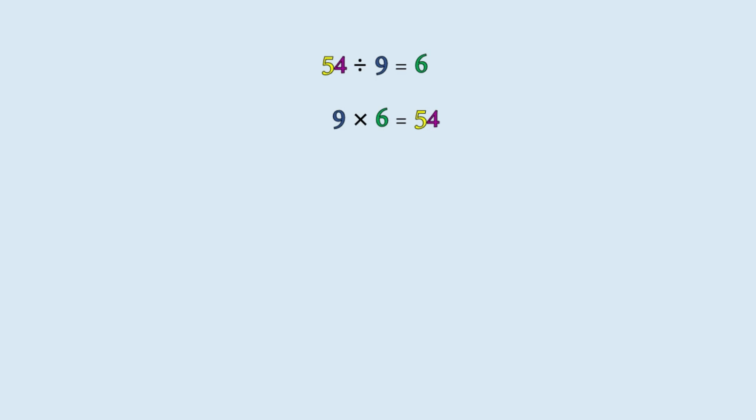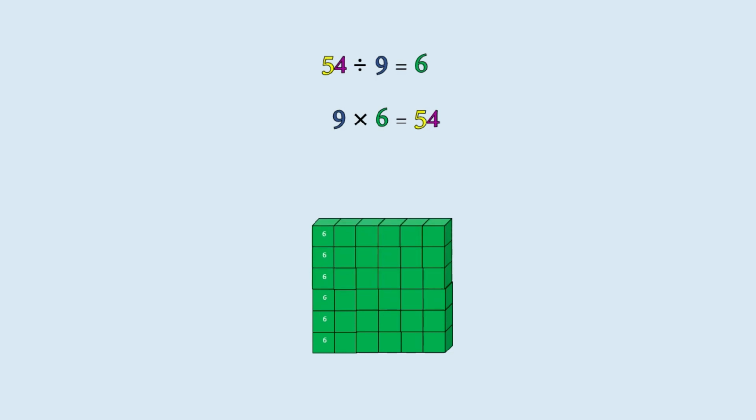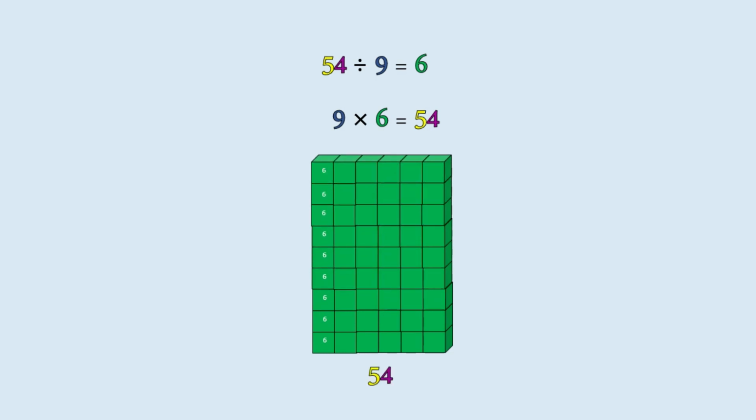To help your child understand why the dividing problem is the same as the multiplying problem, ask your child to show the multiplying problem 9 times 6 with the bars. She should make a stack of 9 dark greens.